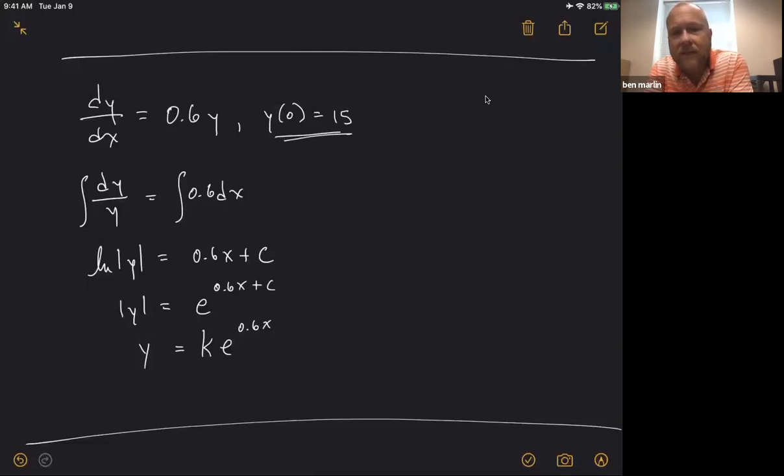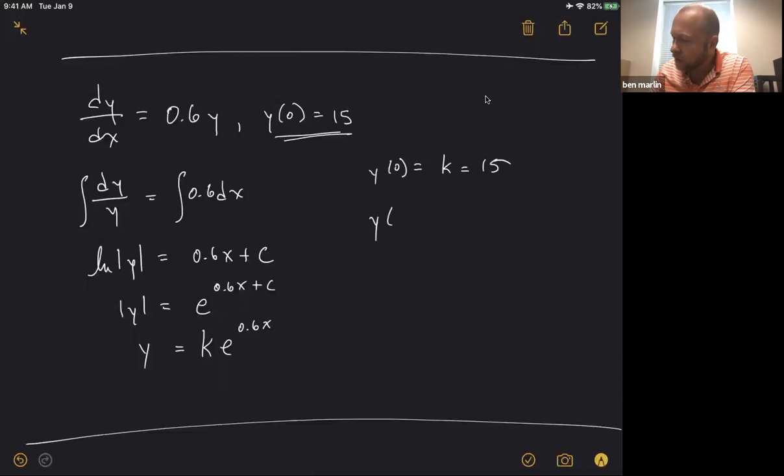But recognizing that that k could now have been a negative e to the c instead of a positive e to the c kind of takes a multitude of sins and fixes them all. So then when you plug in and say that y of 0 needs to be equal to just k e to the 0, so just k, then that says that the 15 goes here.